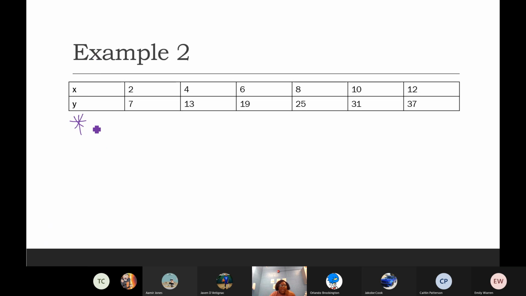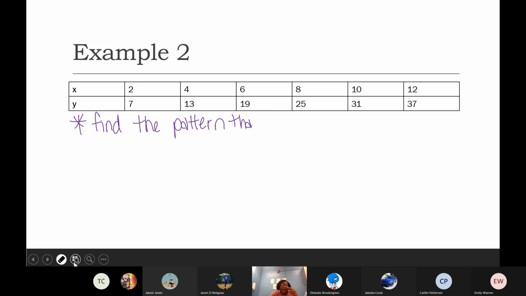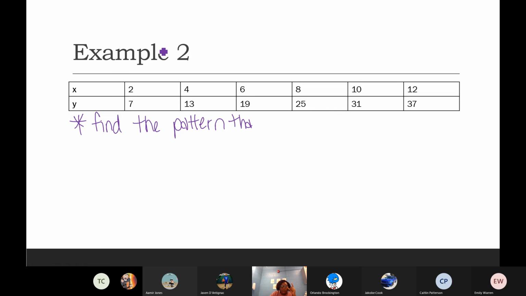What we really want to be able to do is find the pattern that connects row X and Y. So in other words, how did I get from 2 to 7?